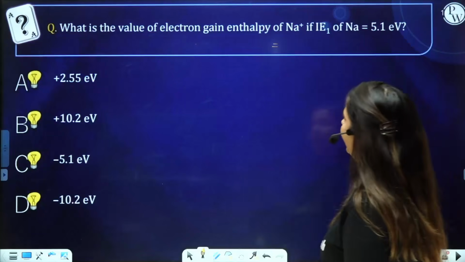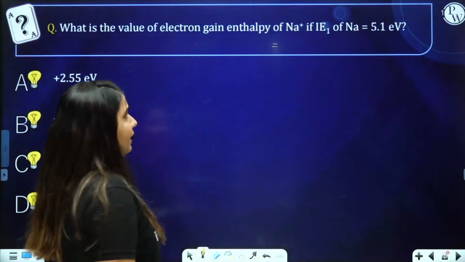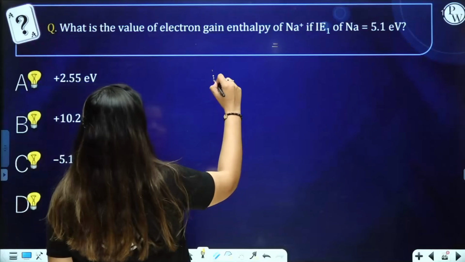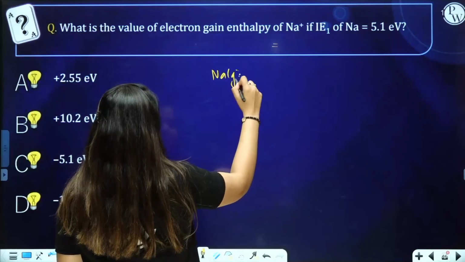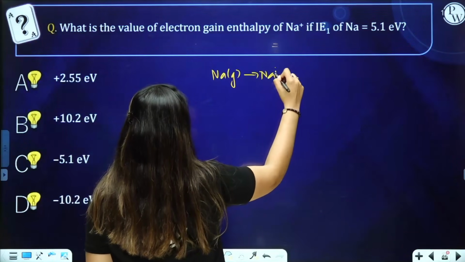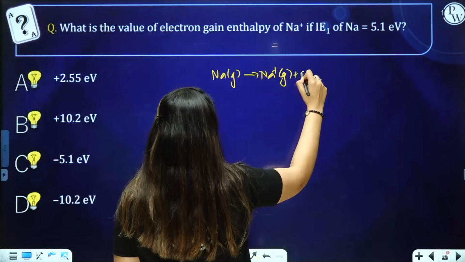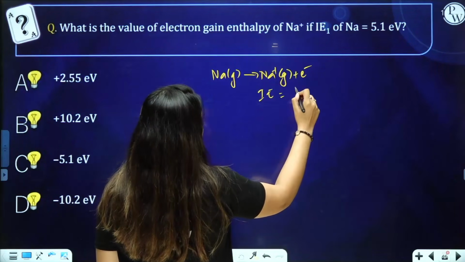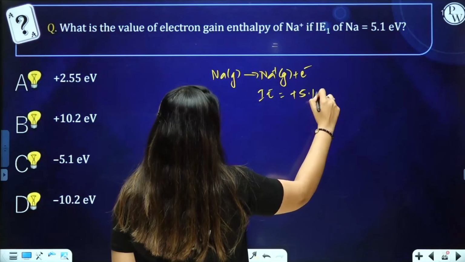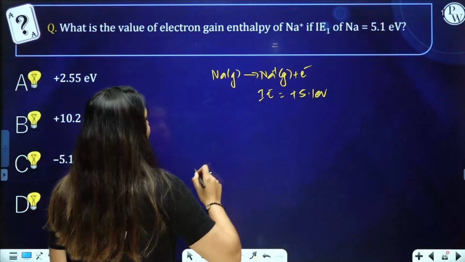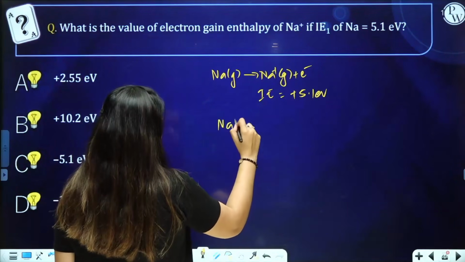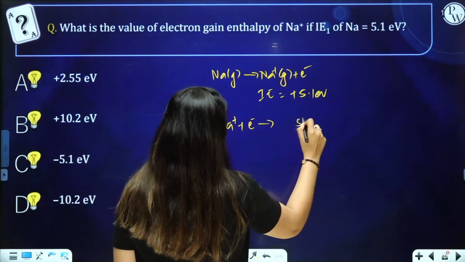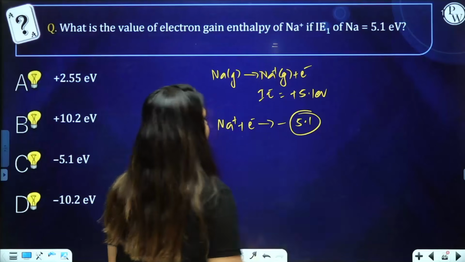What is the value of electron gain enthalpy of sodium positive if its ionization enthalpy is this? Very easy. You have sodium. Just remove one electron to form Na positive gaseous plus electron. This process will require energy equal to plus 5.1 electron volt. If you want to add the electron back, the same amount of energy will be released.